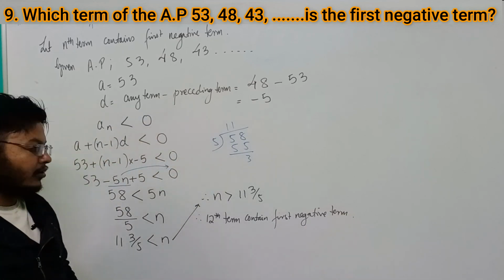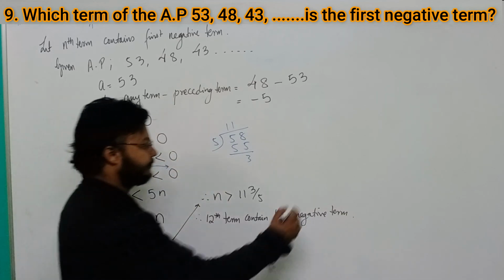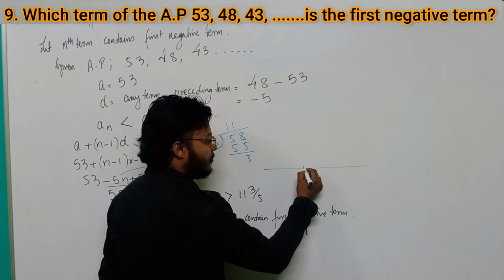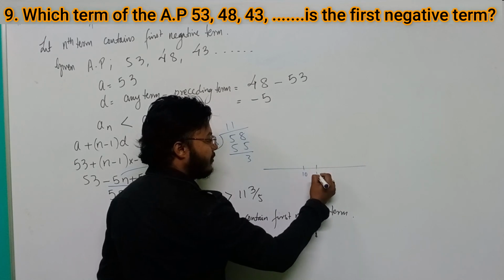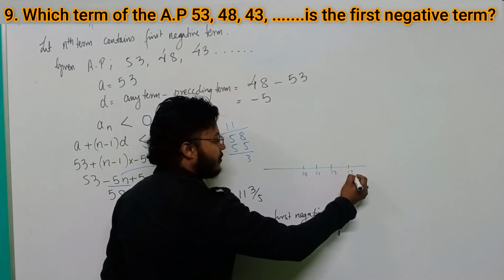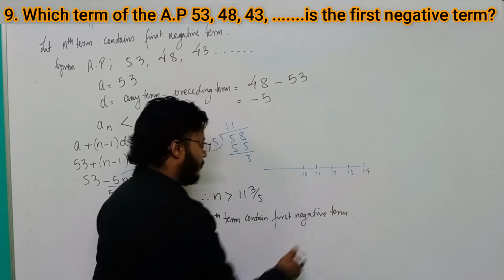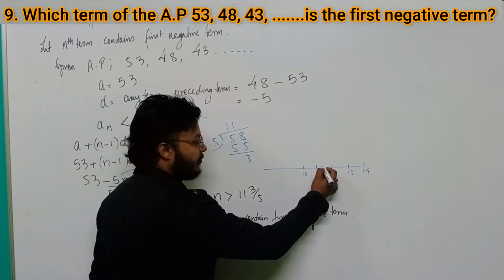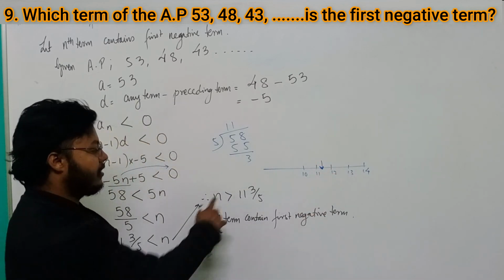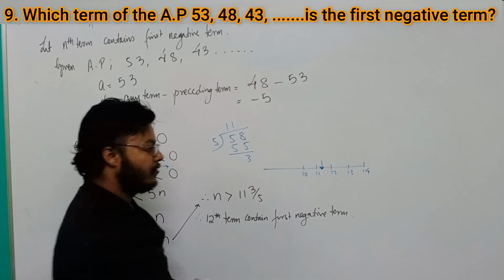Okay, understood? I'll show you on a number line also. Suppose this is your 10 and this is 11, this is your 12, this is your 13, this is your 14. So 11 3 upon 5 will lie somewhere here. What is greater than 11? Greater than 11 means 12.